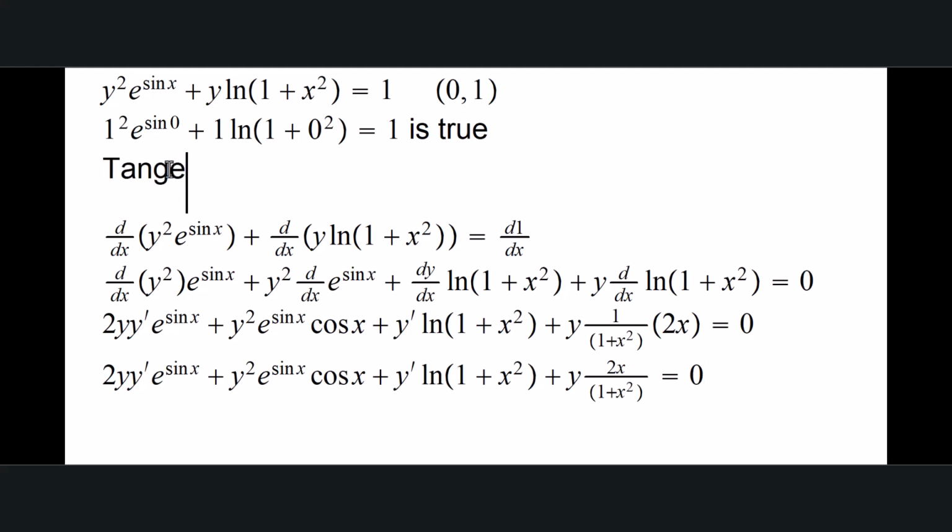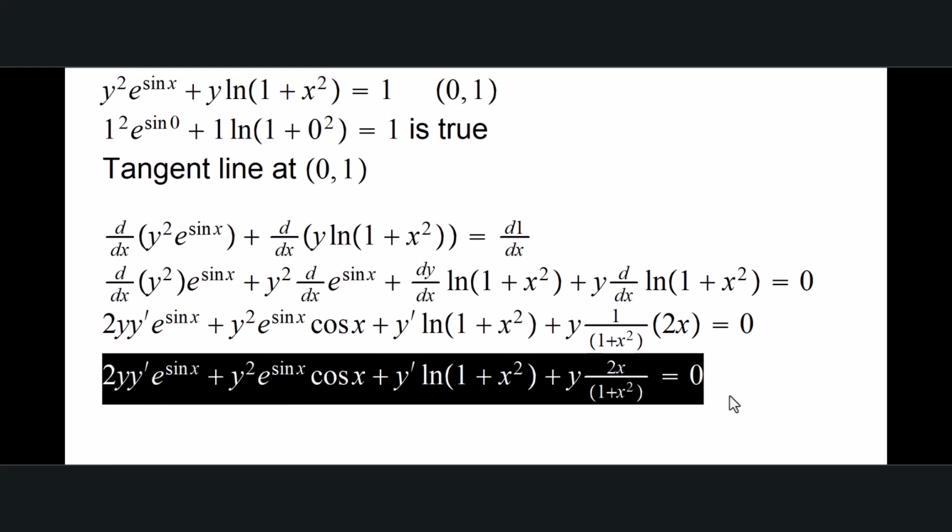Our objective was the equation of the tangent line at the point (0, 1), right? So what we can do is just substitute x equals 0 and y equals 1 right here. So let's do so quickly.